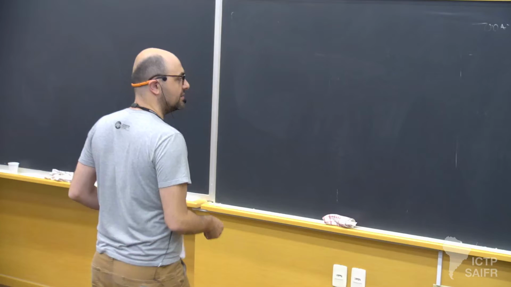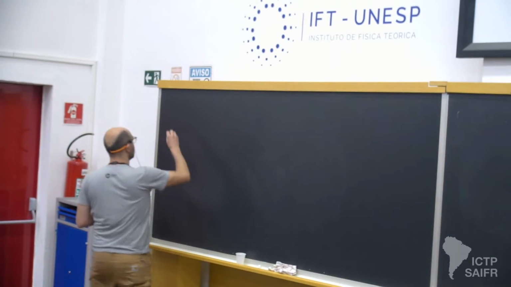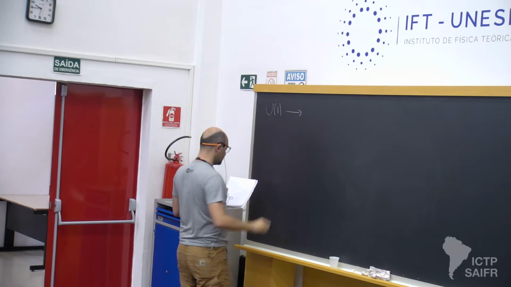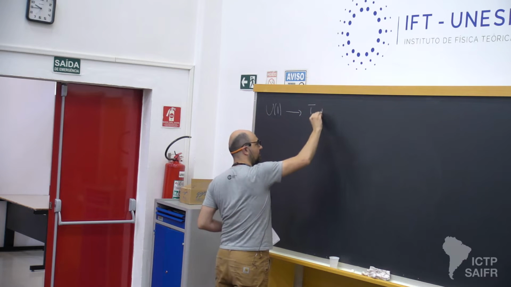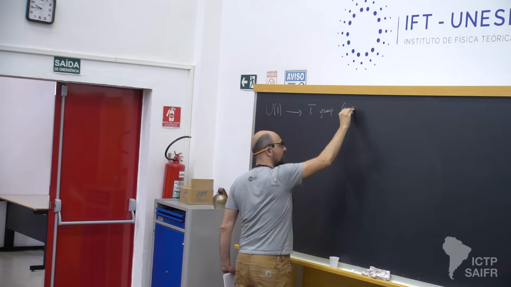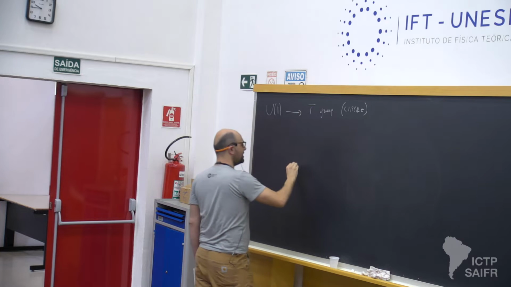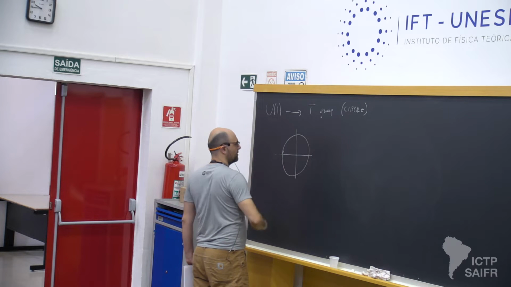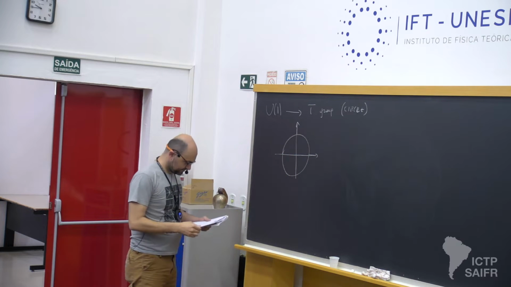So now we have to decide how to represent the gauge fields. And since we are interested in the U1 group, one option is to use the T group, which is the circle. So essentially, our gauge field will be described by 2 operators.